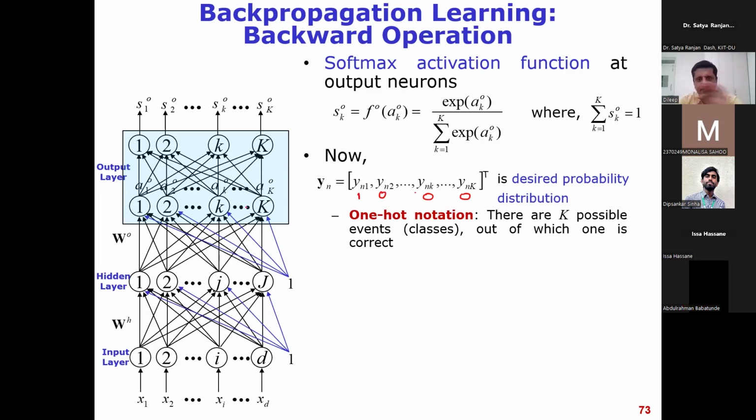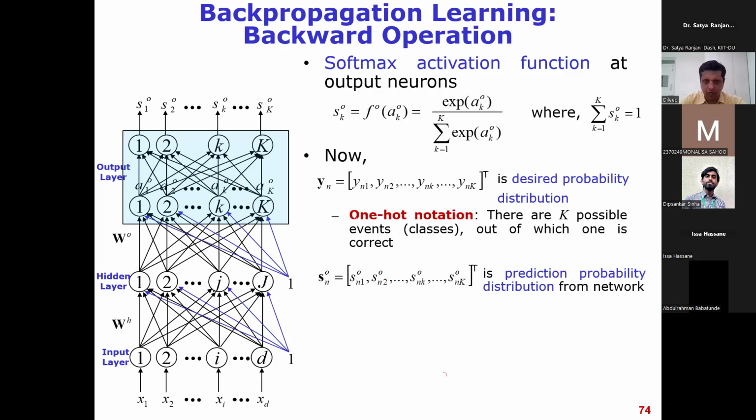It's actually the mass function, we call it, which is 1 for that class. When the output is predicted from the neuron, it will be in the form of probability. That means if your training example xn belongs to class 1, then the desired output is 1 for that particular class label and 0 for the rest.